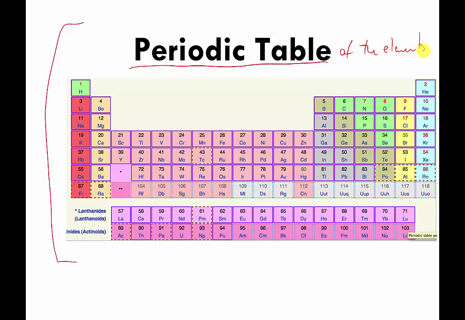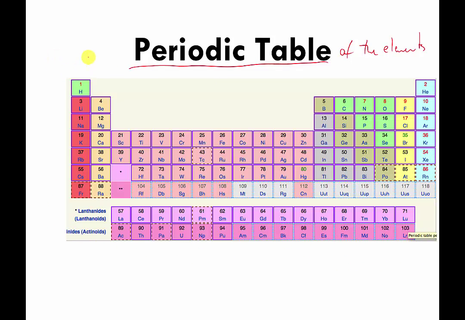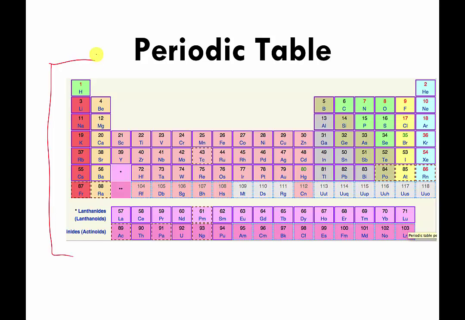There are about 118 different boxes here. Each box is supposed to give you a little bit of information about one of the 118 different elements. Now, this particular periodic table does not give a whole lot of information. We are going to use a more detailed periodic table in a minute, but this is more or less the shape of the entire table that Dmitry Mendeleev is given credit for coming up with.